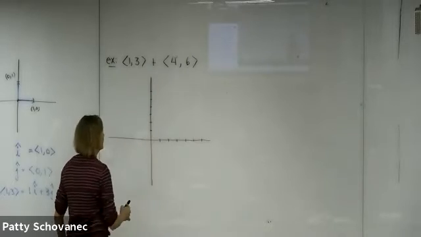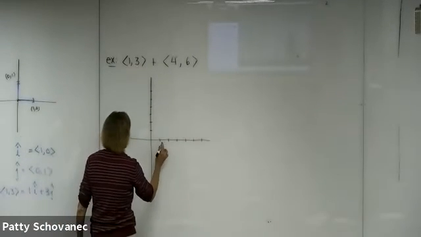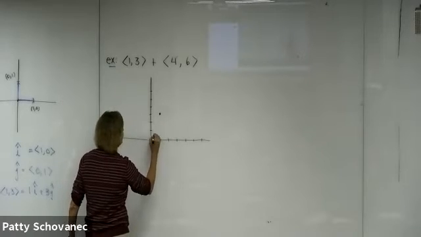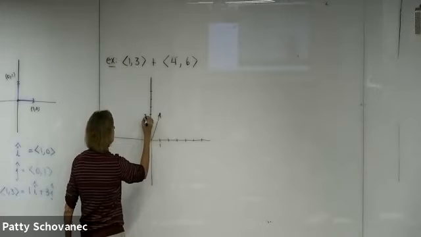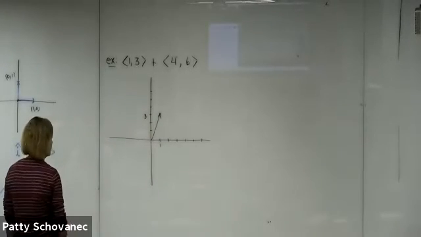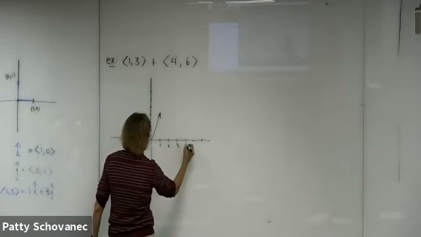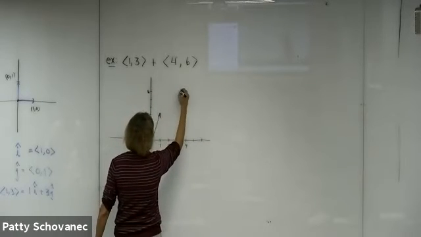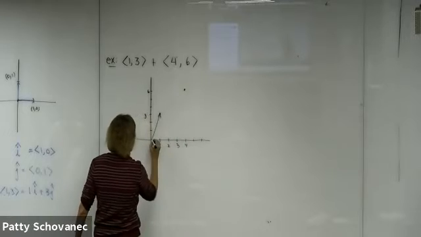So I hope I space them equally. The position vector associated with 1, 3 is over 1, up 3. Then the position vector associated with 4, 6 is over 4 and up 6. Is here.